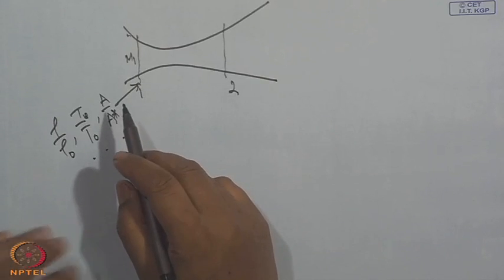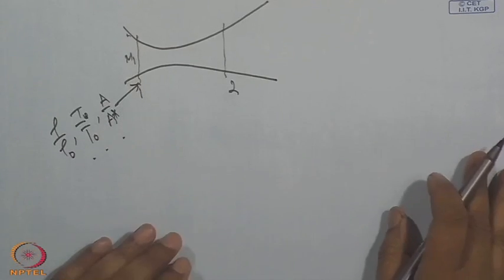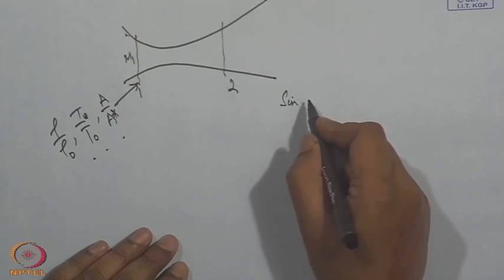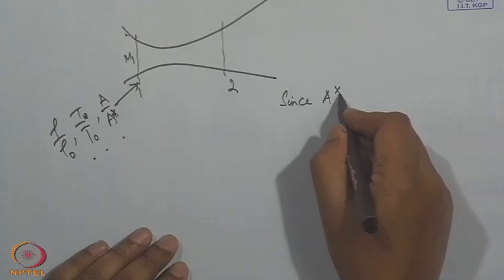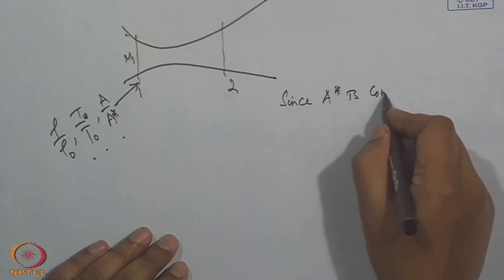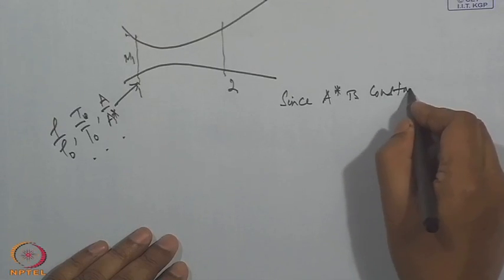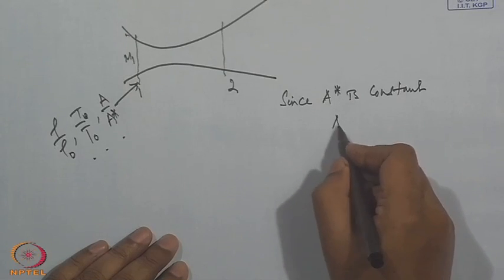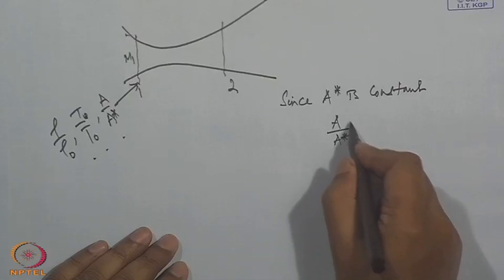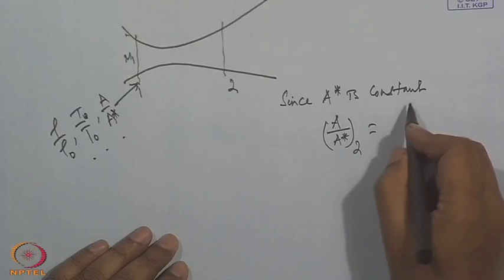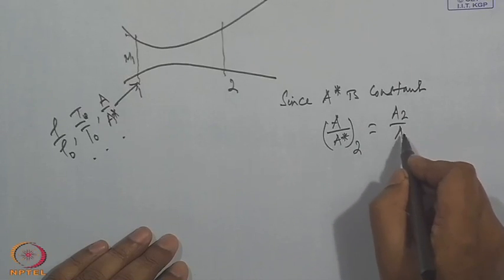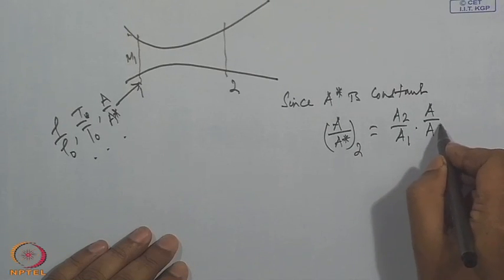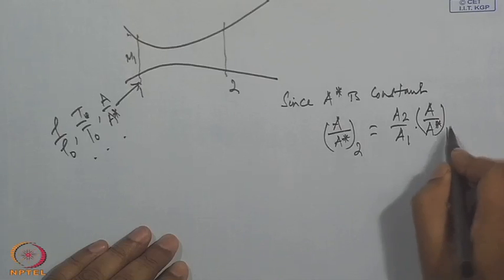Now, since A star is constant, we find that A by A star at 2 can be found from A 2 by A 1 into A by A star at 1.